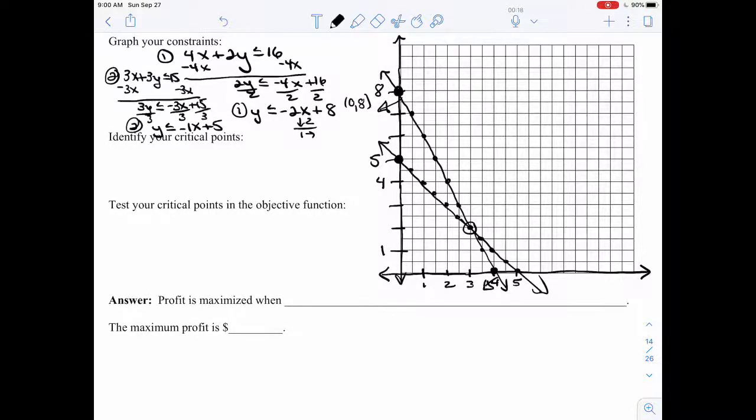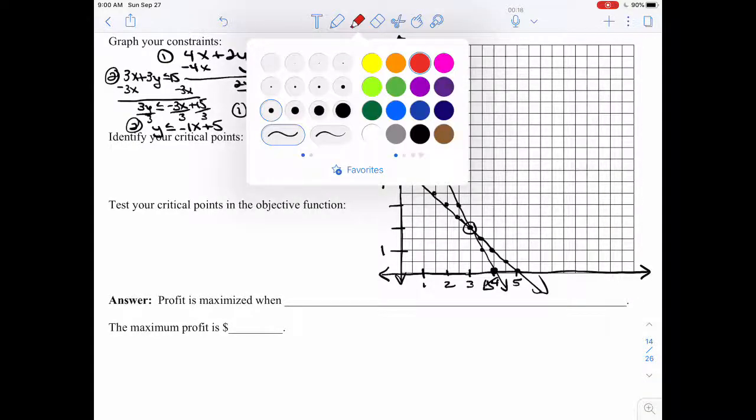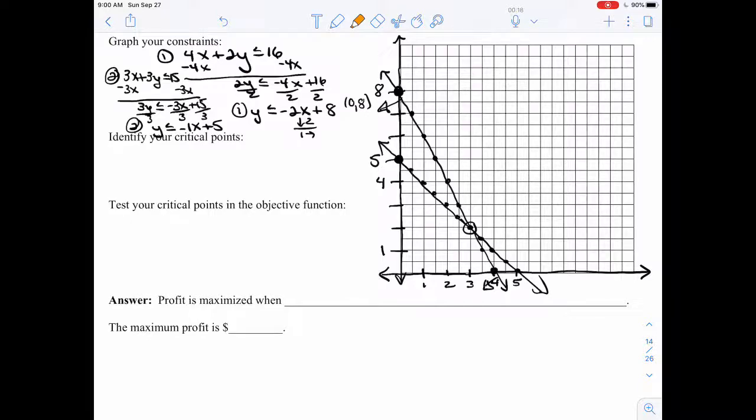Again, using our understanding of graphing inequalities, I need to be below both of those lines. Well, if you put your pencil to be below both the line that has the intercept of 8 and 5, I need to be below both, so I know I need to be below this portion. I also need to be below the other equation, so I am over here.